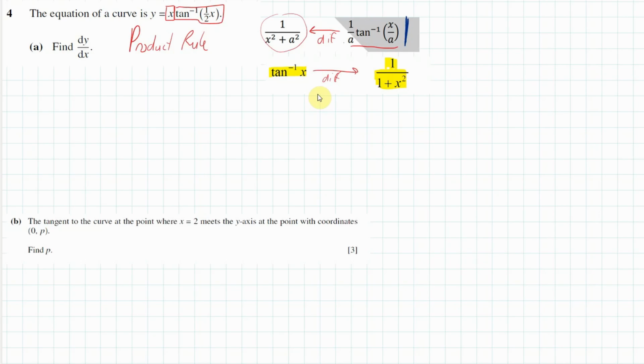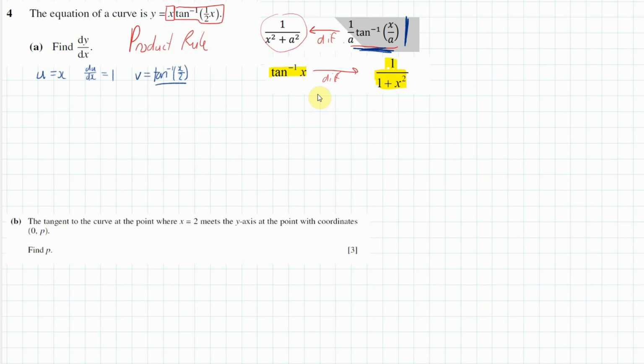Okay, product rule. I'm going to make u as x, and therefore du/dx should be 1, and v is going to be tan inverse x over 2. Now, here's the tricky bit. I've got to differentiate that. Well, I'm going to put this tan in this form over here.